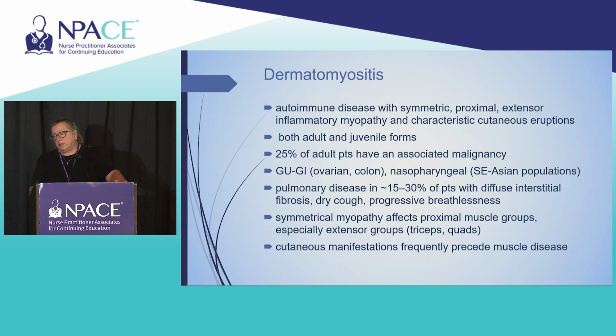A full quarter of adult patients with dermatomyositis develop dermatomyositis as a sign of an internal malignancy, most commonly ovarian or colon cancer. And in Southeast Asian populations, there's a predominance of nasopharyngeal cancers.